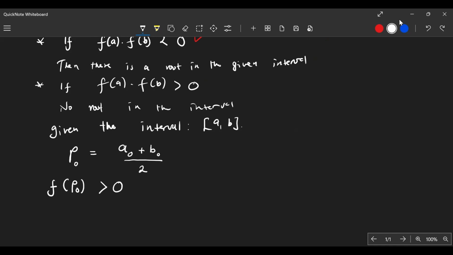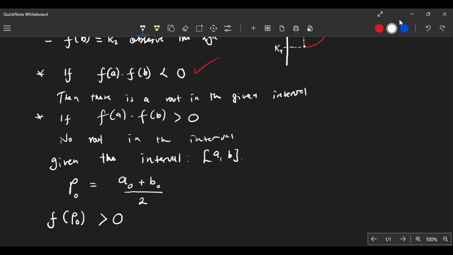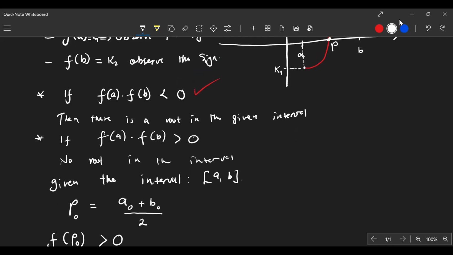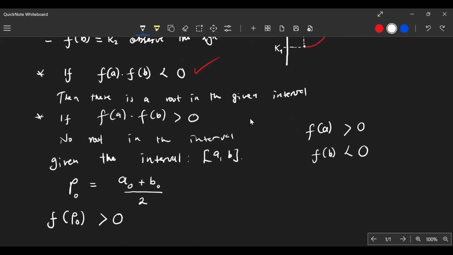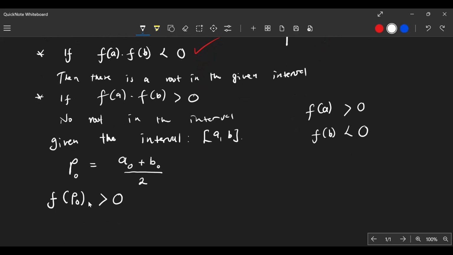Then you check the previous testing you did. Let's say, for instance, when you substituted f of a, you found something greater than 0. And when you substituted f of b, initially you found something less than 0. Now you have f of P naught greater than 0.